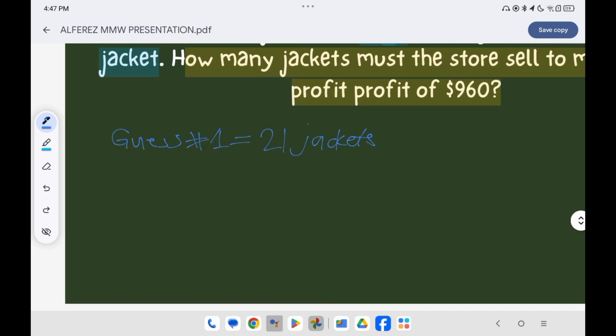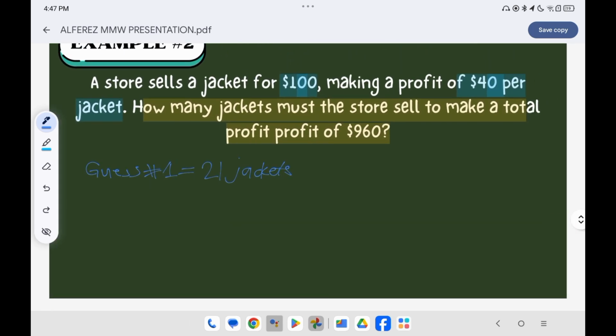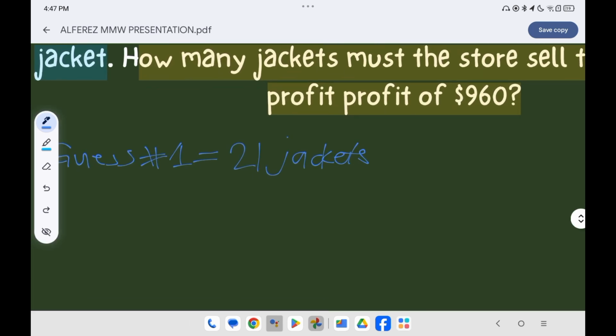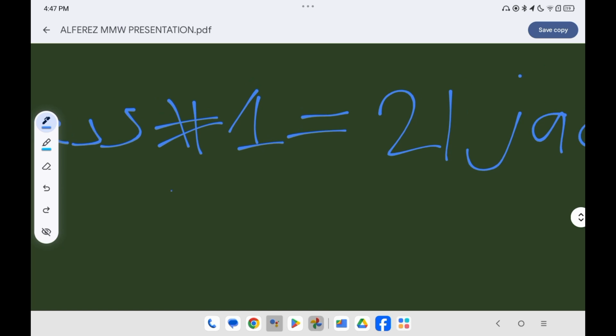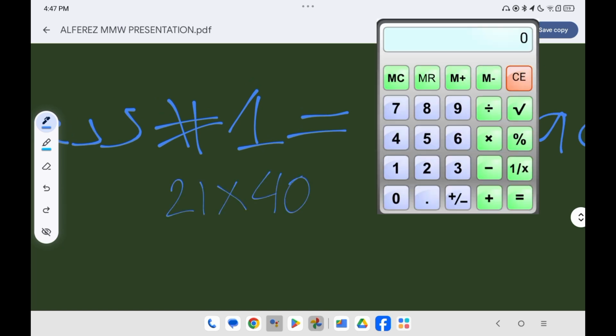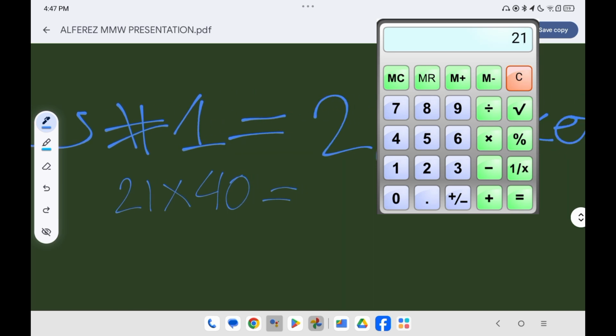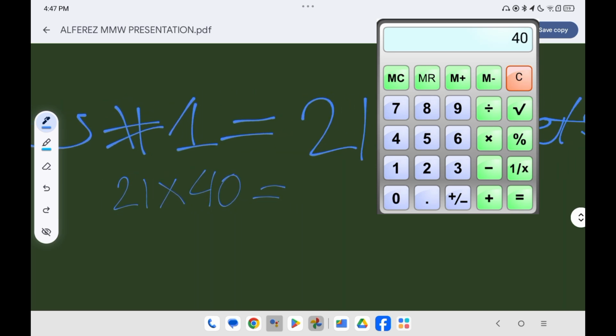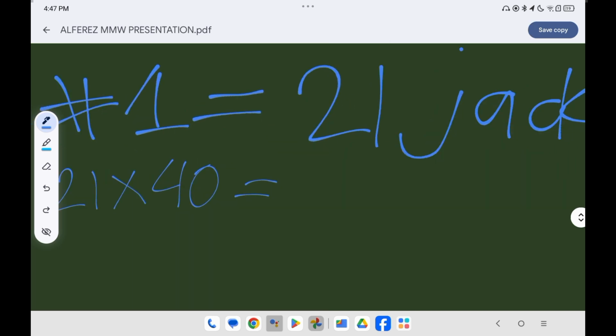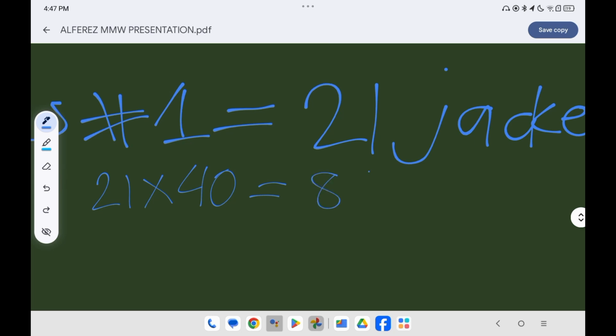So let's multiply it by 40. 21 times 40. So what's the answer? Yes, it's correct. It's 840.